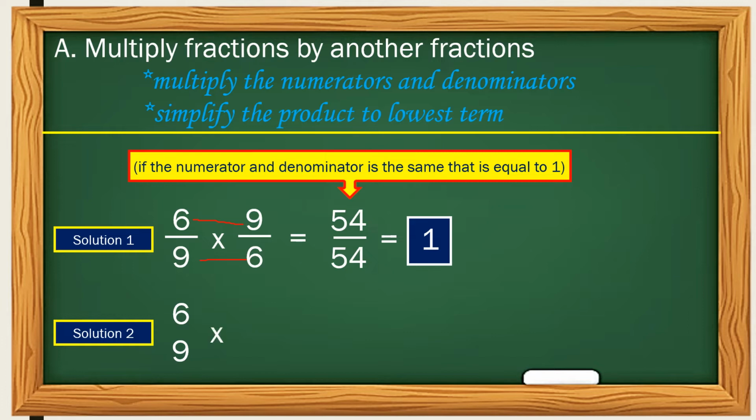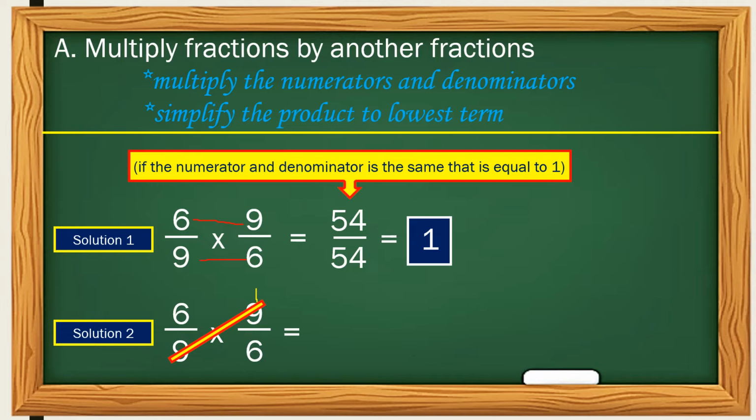So 6 over 9 times 9 over 6 is equal to. So, tingnan nyo itong dalawang to. Ayan. Pareho silang 9 over 9. So, kung pareho yan, lagyan natin ng 1 dito kasi di-divide natin.